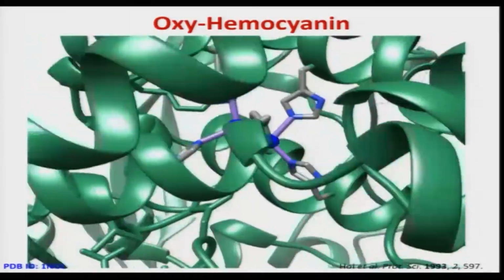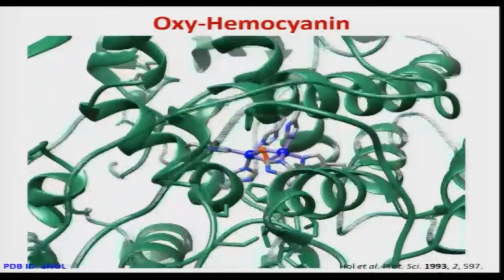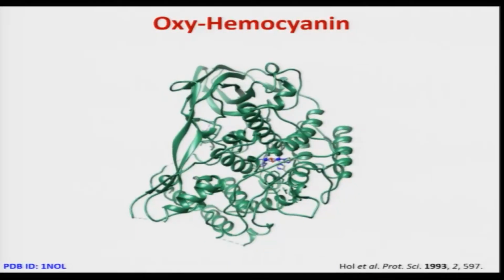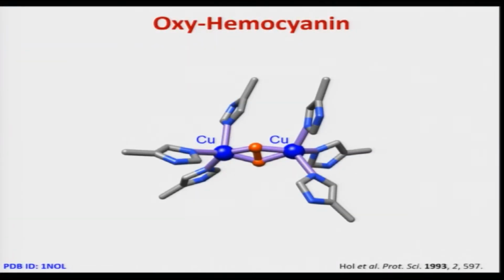And if I remove these huge protein chains, then you see the inorganic molecule where dioxygen binds as O2 2 minus. This dioxygen is bridging between these two copper units and bringing the two centers close enough so that it can properly bind dioxygen.